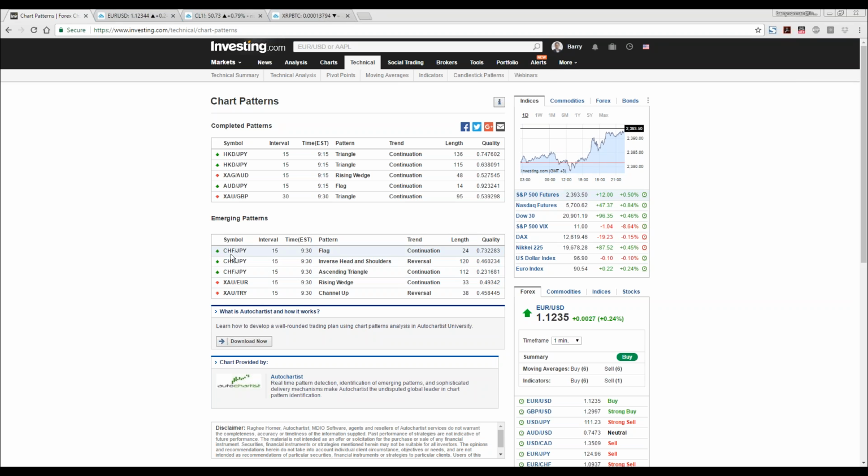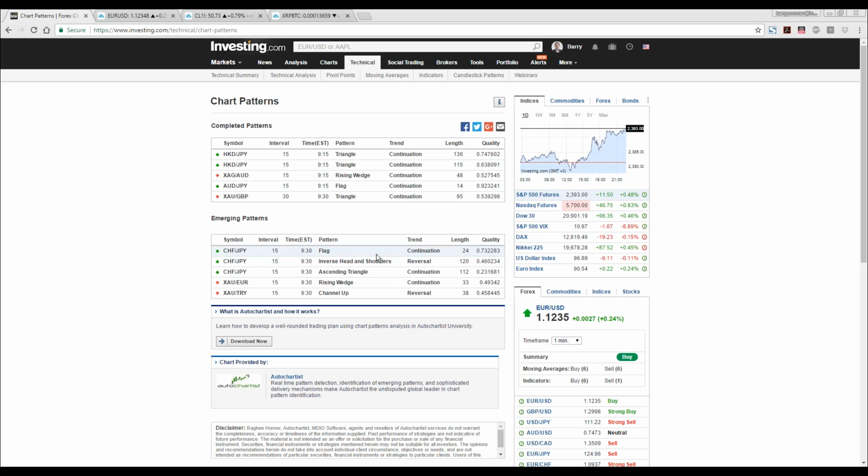So here we have the Swissy Japanese yen in a 15-minute time frame. At 9:30 Eastern Standard Time, it started to form a flag, and it's a continuation. It's formed over the last 24 segments, and it's a 73% quality signal. So its advisory is to trade it going up, because that's what a continuation pattern is.